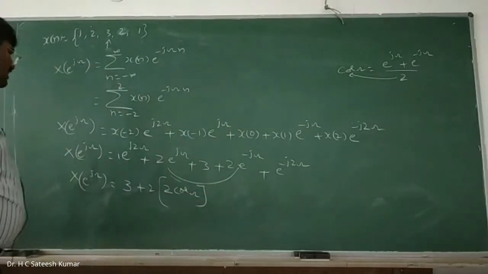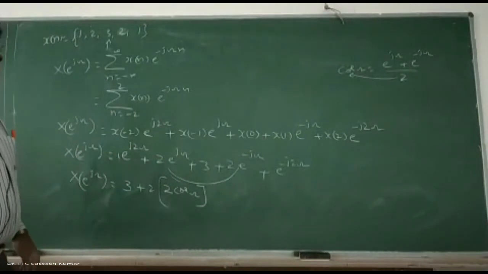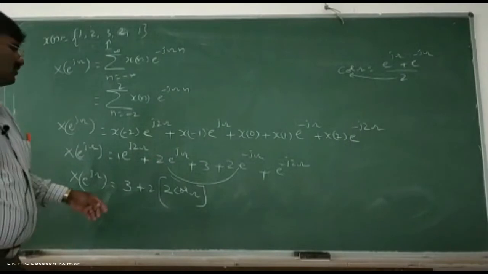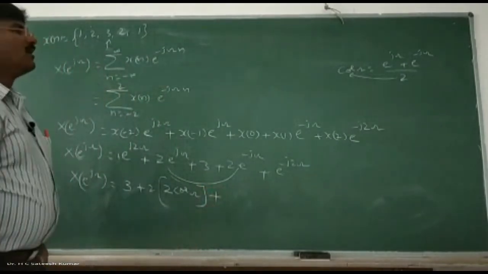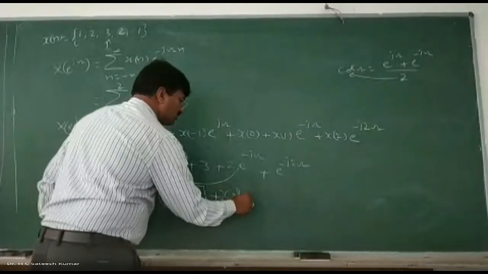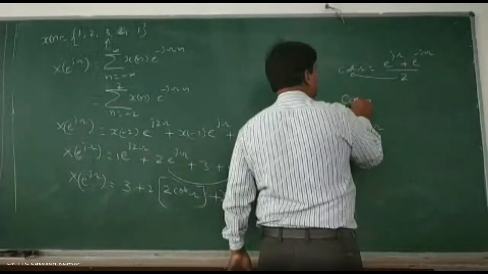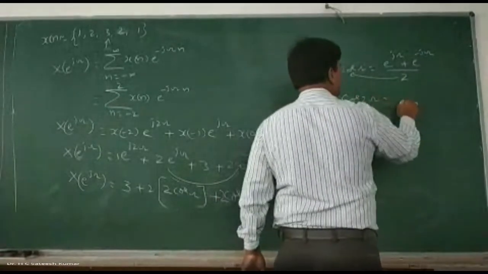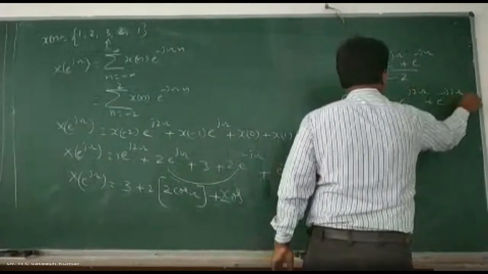Similarly, from the first one and the last one, we have e to the power of j2 omega plus e to the power of minus j2 omega, because cos 2 omega is equal to e to the power of j2 omega plus e to the power of minus j2 omega divided by 2.